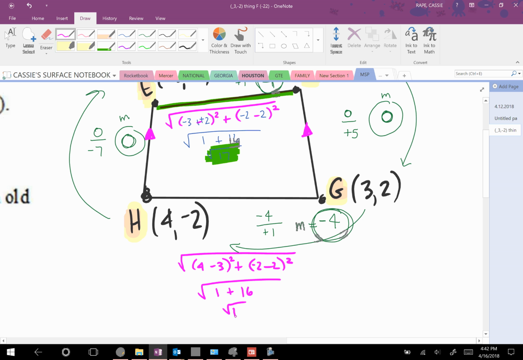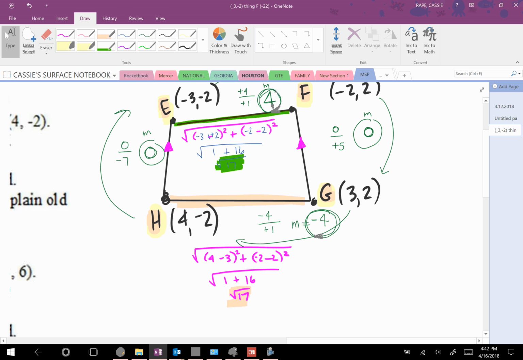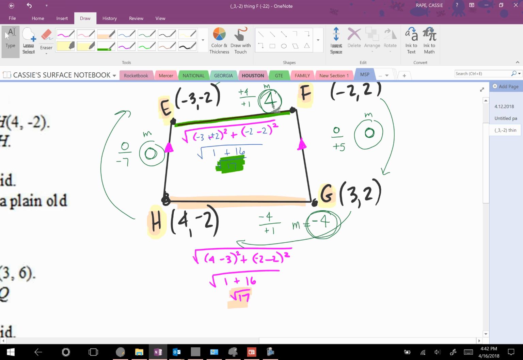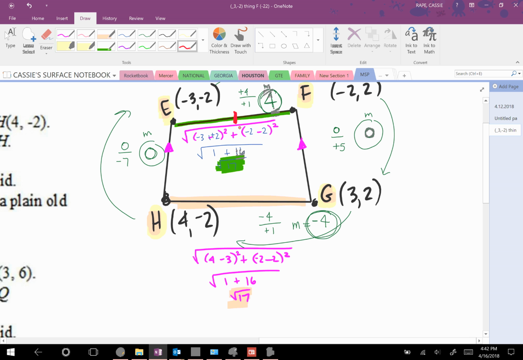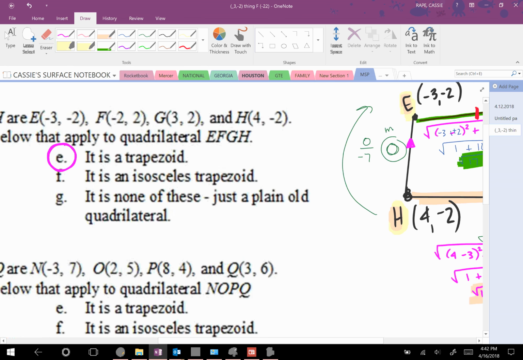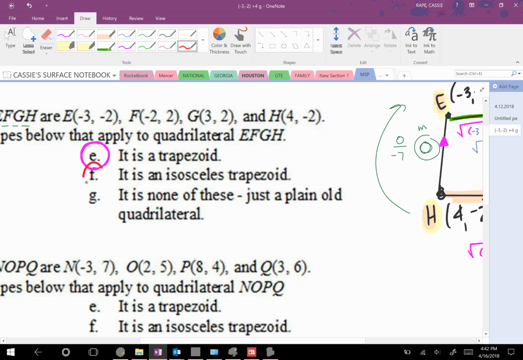So this segment there is that length, which means the two are, in fact, what I was looking for. They are congruent. That and that, which means it's not just a trapezoid, it's also an isosceles trapezoid, which means that that one's not right. Okay, and so the answers to 2 are E and F.